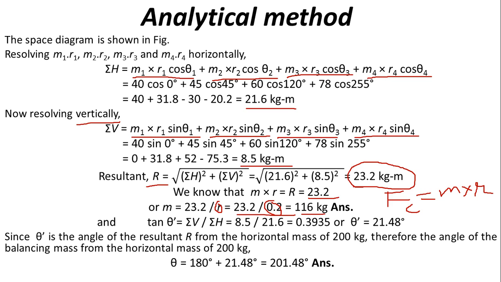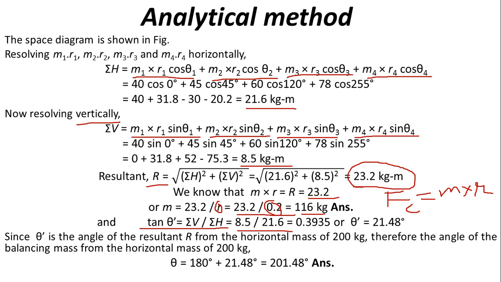And then the angle part. tan theta equals summation of V divided by summation of H. Okay. So summation of V is 8.5, and summation of H is 21.6.